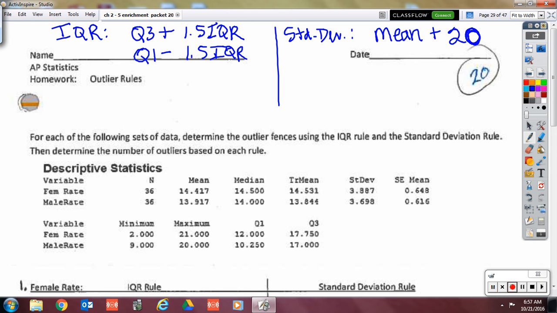Now this is not the number 20, this is a sigma, so 2 standard deviations. And then the lower fence is the mean minus 2 standard deviations. Again, this is not 20, this is 2 sigma. All right, so there is the summary of our rules that we will choose.